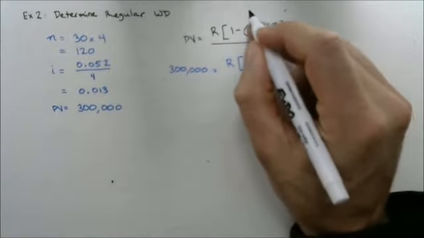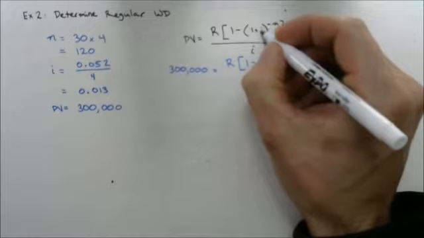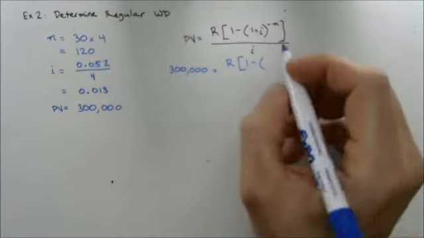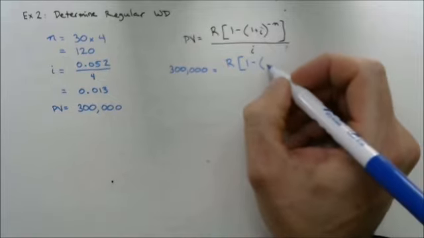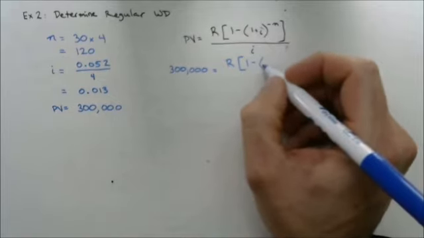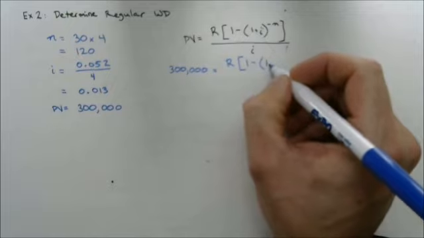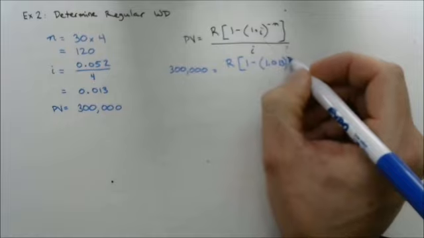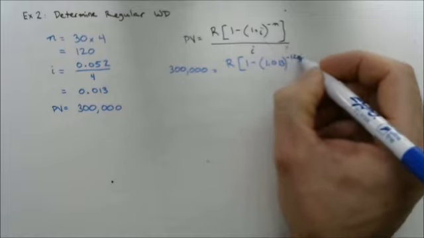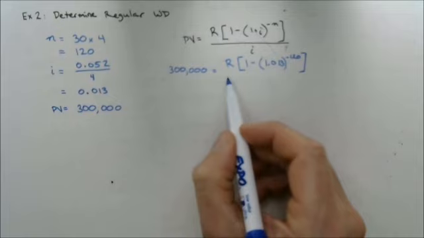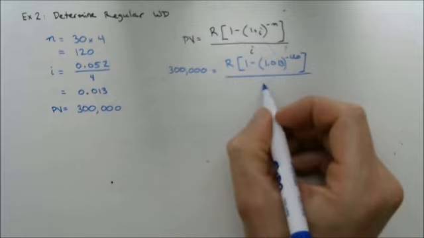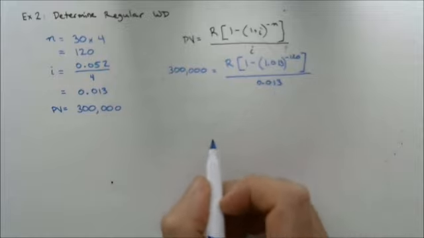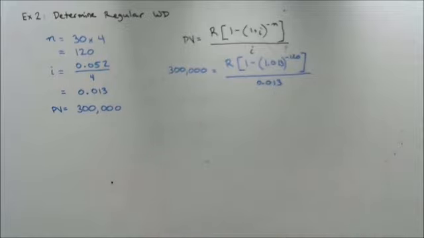This is not 1 plus R in the formula. It's 1 plus i. Interest rate per compounding period, not interest rate per year. Good. So we have 1 plus 0.013. That is 1.013 to the power of negative n, which is negative 120. Close it off. All over i, which is 0.013.